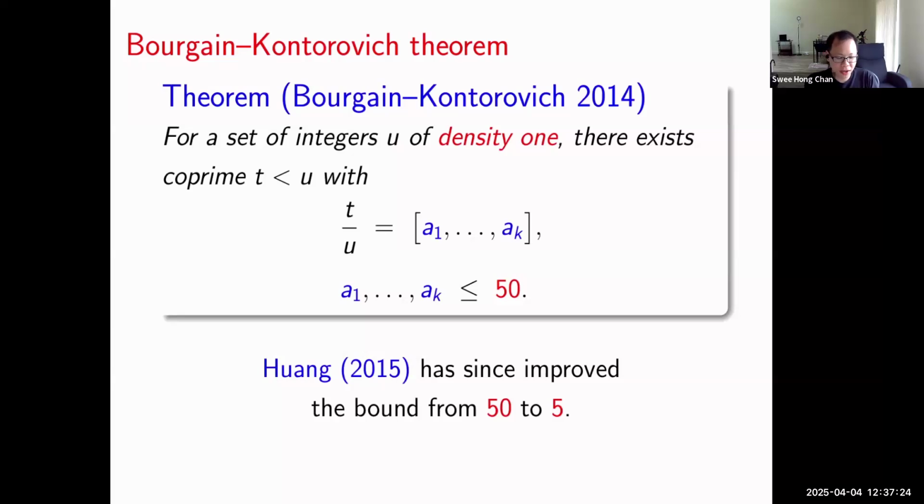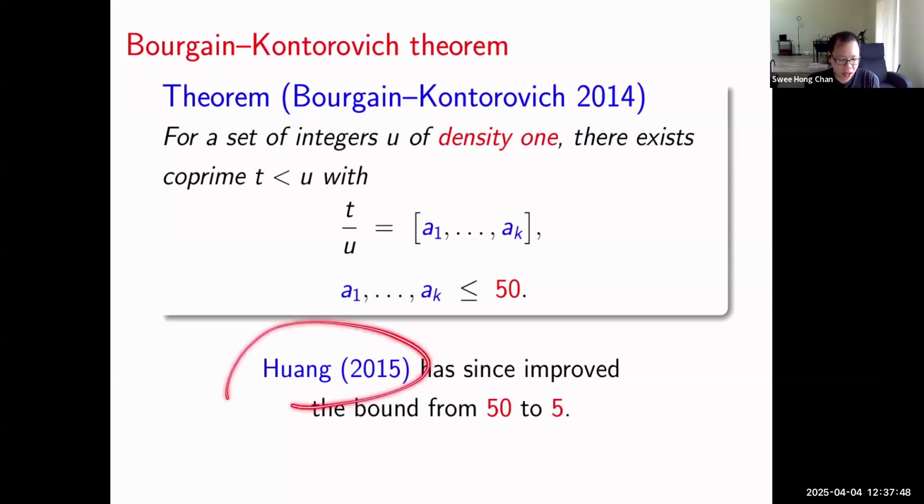They show that there exists a set of density 1 such that all numbers in that set satisfy this property, that all quotients of the partial fractions are less than or equal to 50. That is what they proved in 2014.